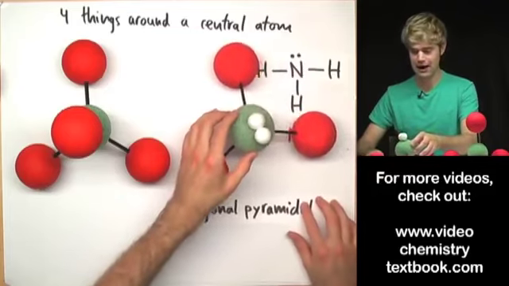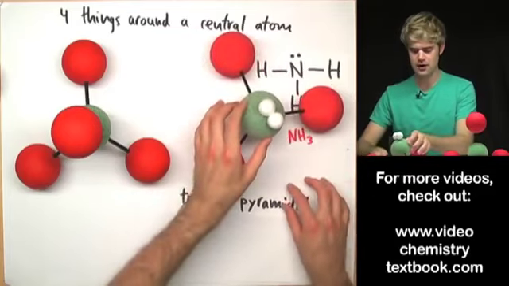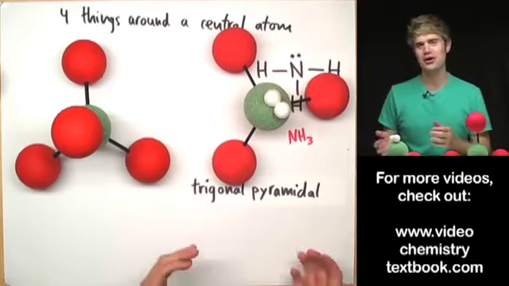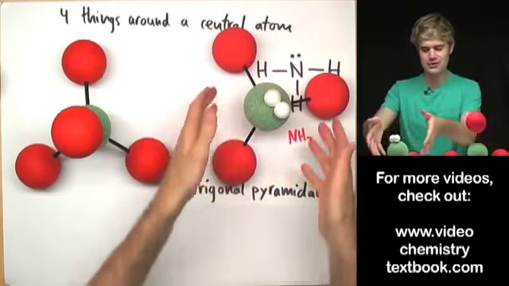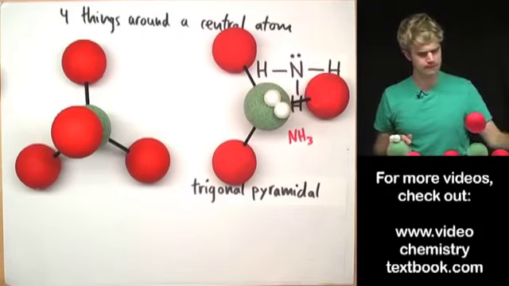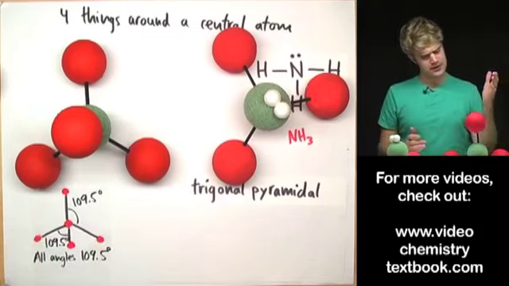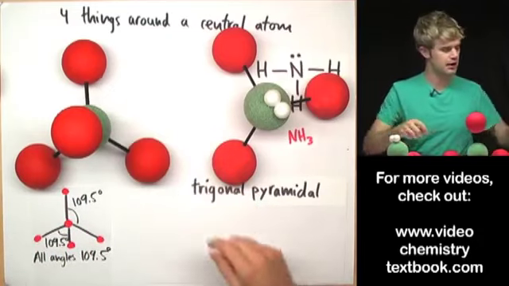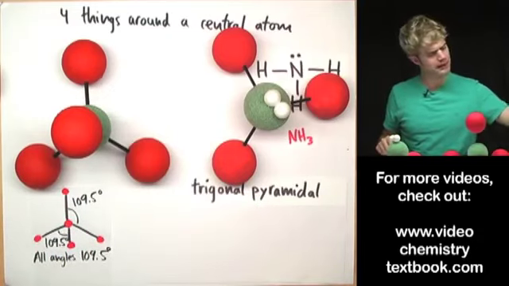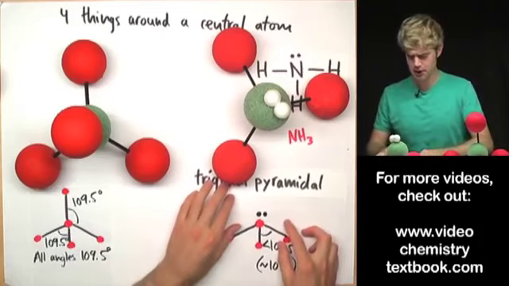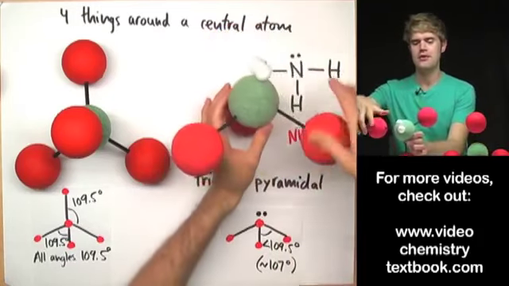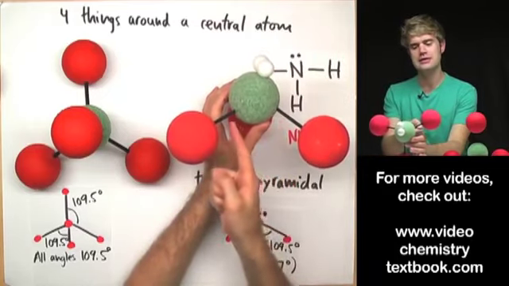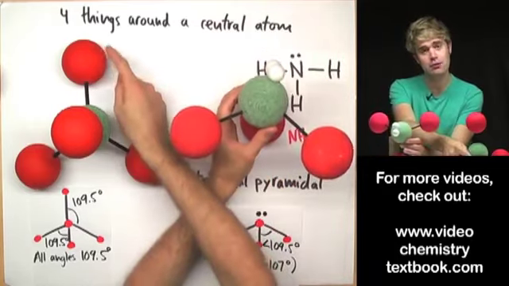All right, now for angles in the trigonal pyramidal molecule, we'll remember that in the tetrahedral we have 109.5 degrees between all of the bonds. But in trigonal pyramidal, just like we saw with the bent molecule, the unshared electron pair here pushes a little harder against these 2 bonds than an atom would.